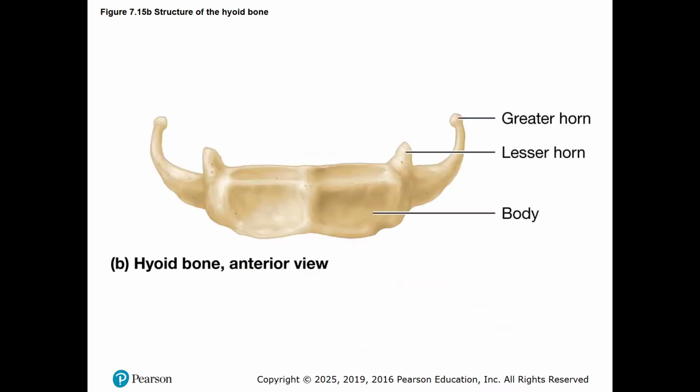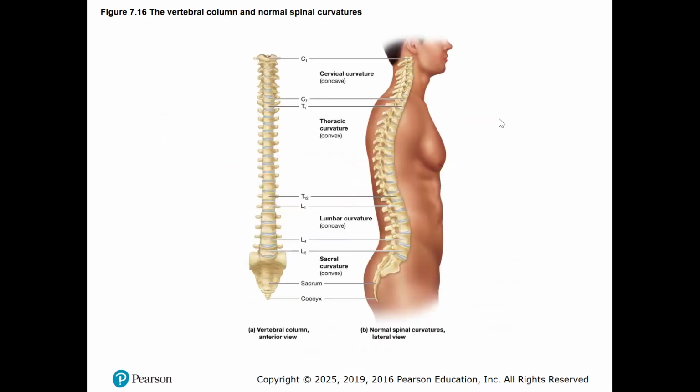Okay, so some of the major aspects here of the hyoid bone, it's unique in the fact that it does not articulate with any other bone. So you have the hyoid body, the lesser horn, and the greater horn.